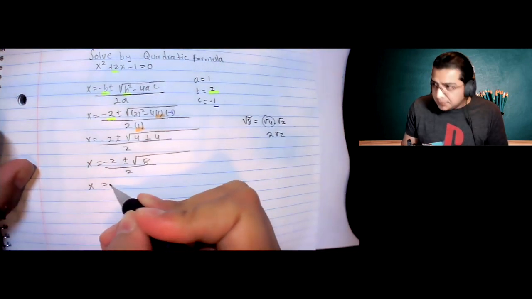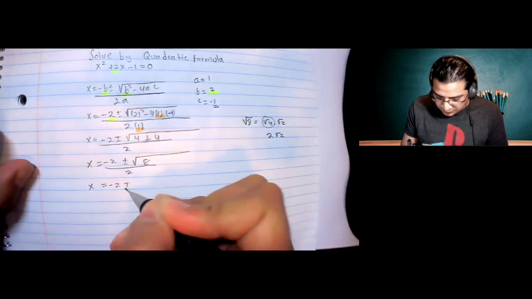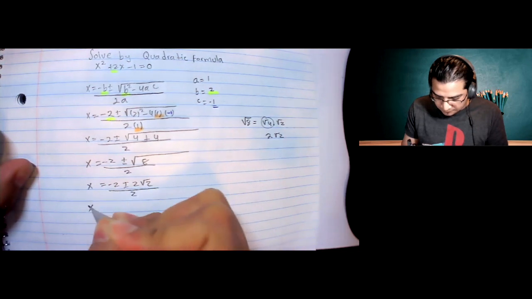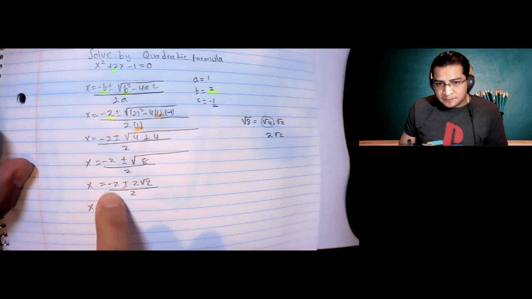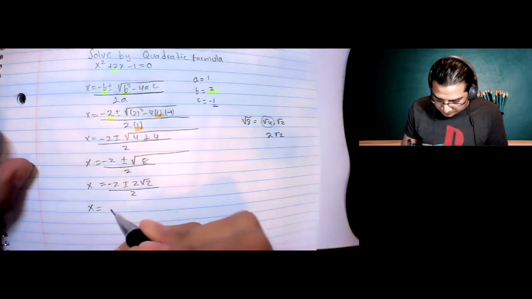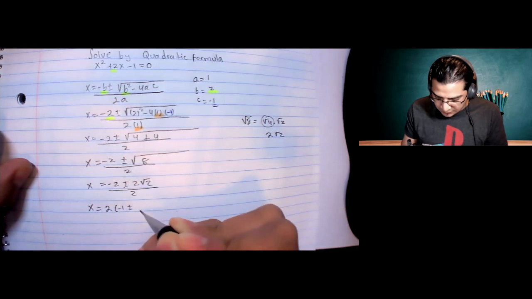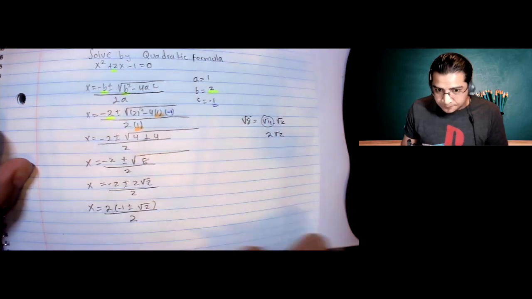So this is going to be -2 plus or minus 2 rad 2, all over 2. All the numbers right here have a factor of 2, so I'm just going to factor the 2 on the top, and I put -1 plus or minus the square root of 2, all over 2.